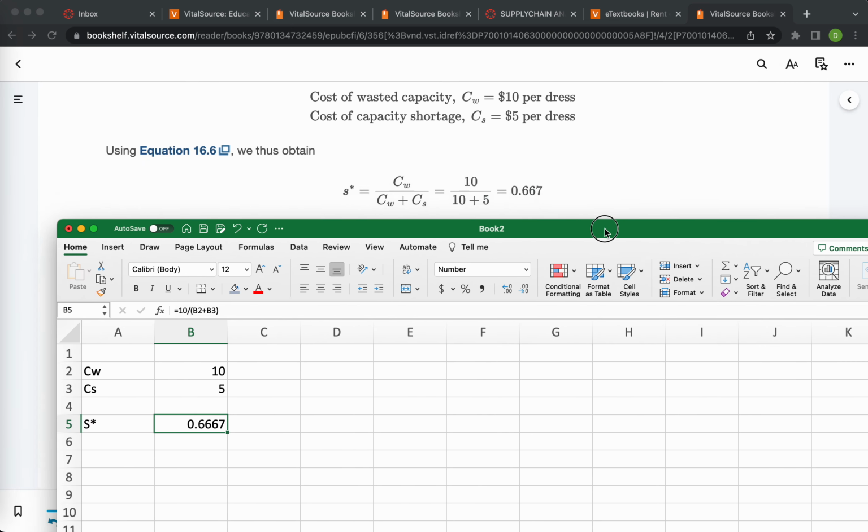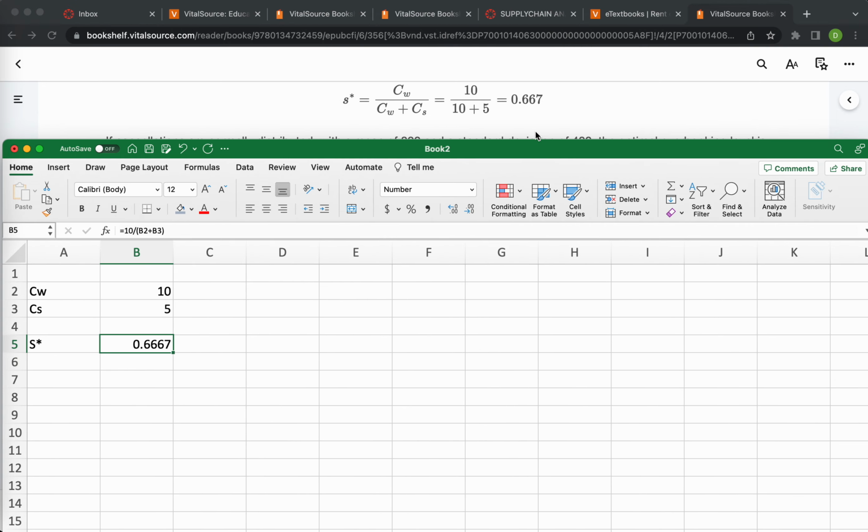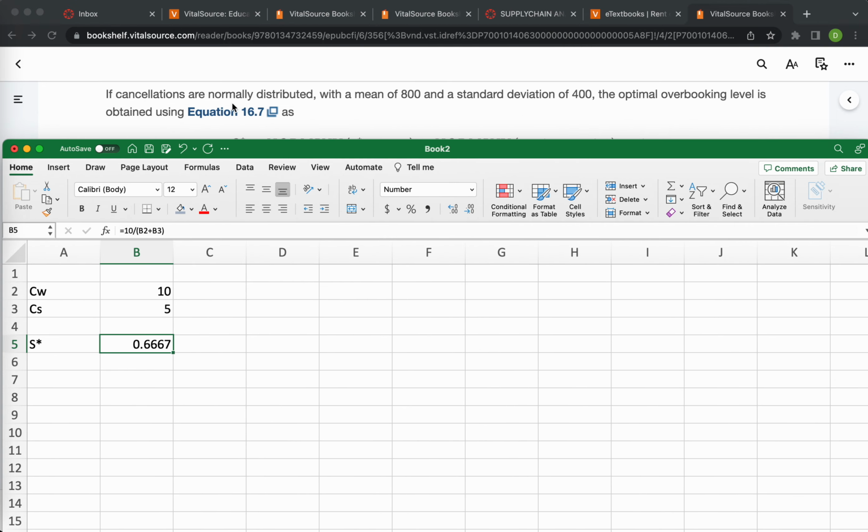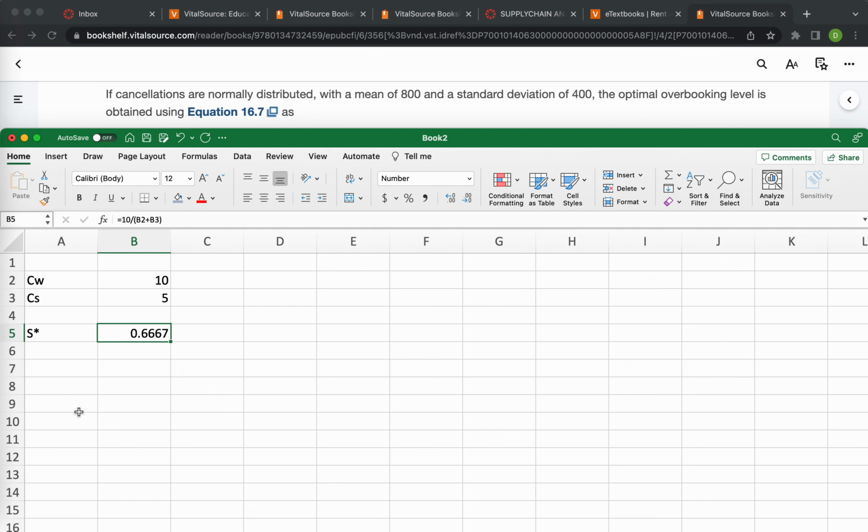With that, now if the mean and standard deviation are known in a straightforward way, so if cancellations are normally distributed with a mean of 800 and standard deviation of 400, then the overbooking is very straightforward to calculate.